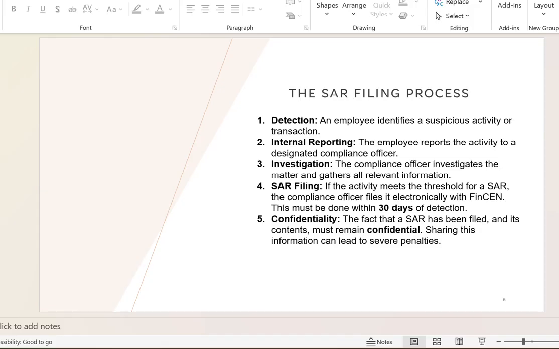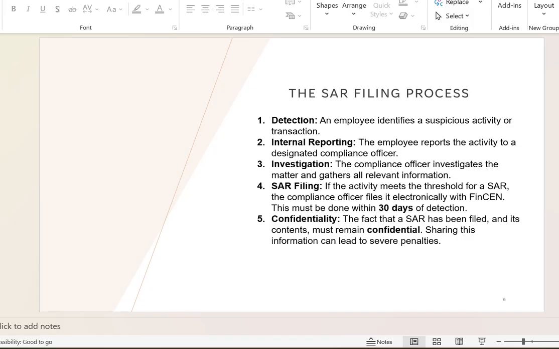The compliance officer investigates the matter and gathers all the relevant information from the customer or from the home branch, the transaction branch, or the beneficiary of that customer, to do the watch list check, monitor the customer's account, and check the customer name and the beneficiary name. All these things are done by the investigator or the software or the system.